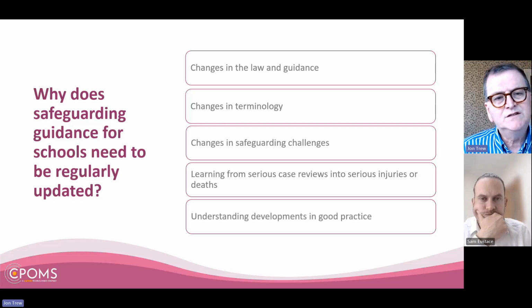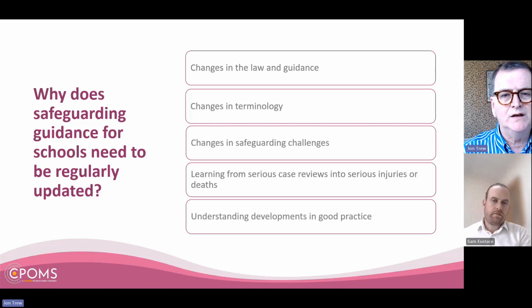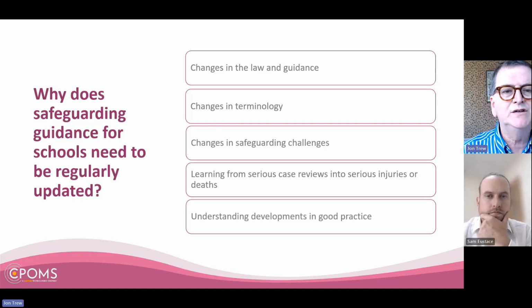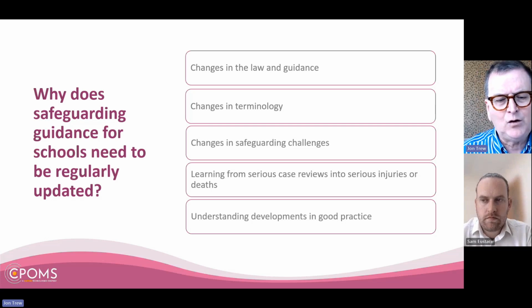We also need to learn from serious case reviews. When a child dies or is seriously injured, there is a process called a serious case review. A senior social worker will look at the case, how this came to pass, how the child died, and if there could have been anything we could have done to save that child's life.